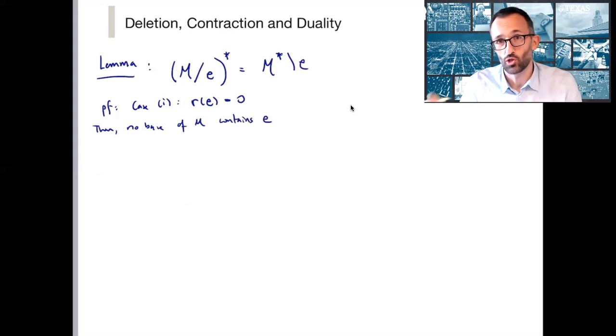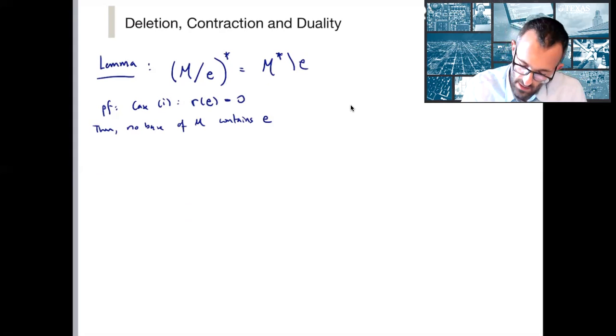But what does that mean about M star? Remember that in M star, we're looking at complements. Independent sets are complements of bases.